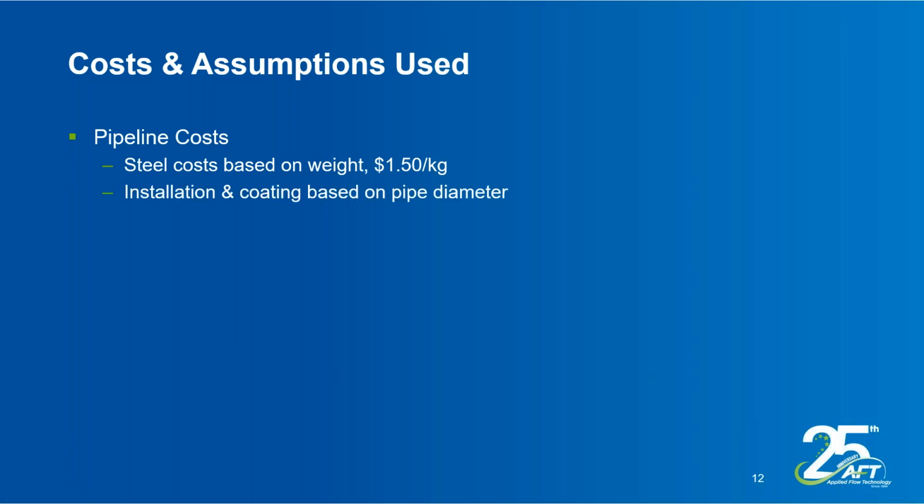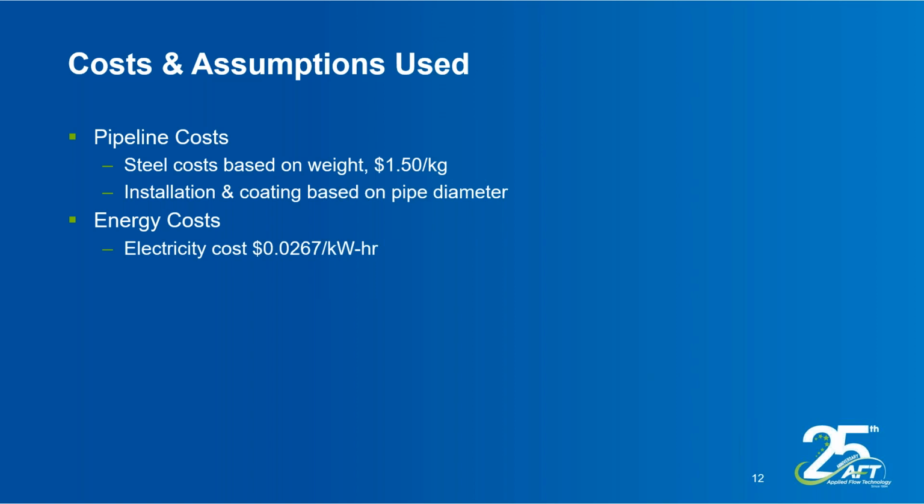Now, as far as installation goes, there was cost to install the piping, and there was also cost to coat the piping. So you could either include both of those costs as a type of installation cost, or you could add them together and just lump them in together.